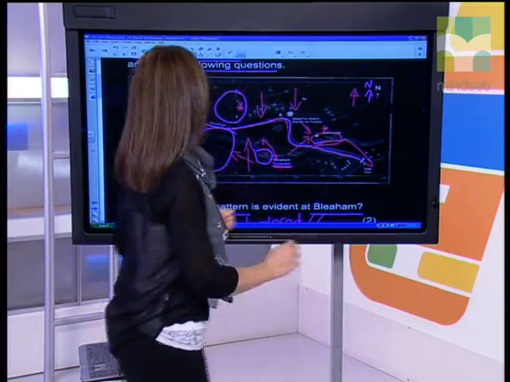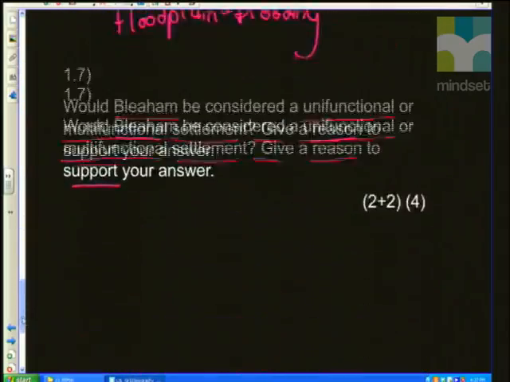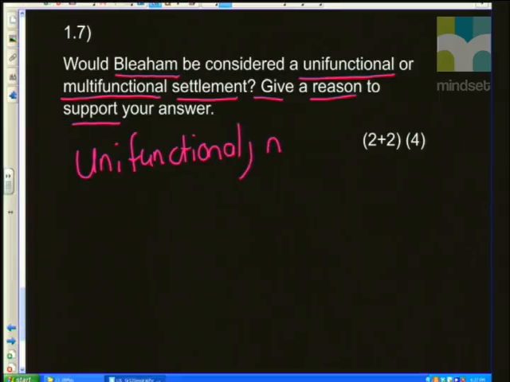It might be a farmland area, but unless it includes other services, it means it's unifunctional. Let's write that down. Right. Unifunctional. There are no industries or services evident, or no symbols for those services or industry present.